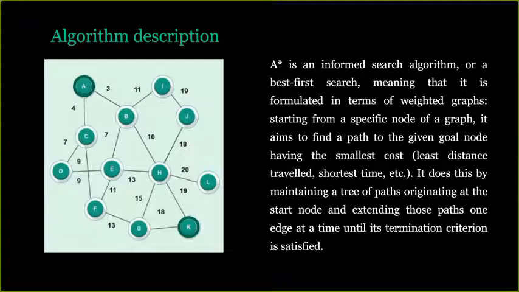It does this by maintaining a tree of paths, originating at the start node and extending those paths one edge at a time until its termination criterion is satisfied. So what it means is that starting from node A and until you reach node K, you are traveling from one node to another, choosing the best way that satisfies your criteria.